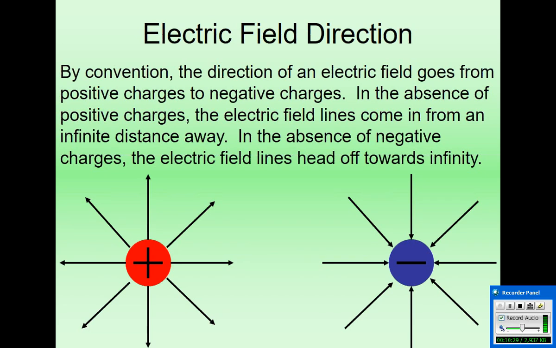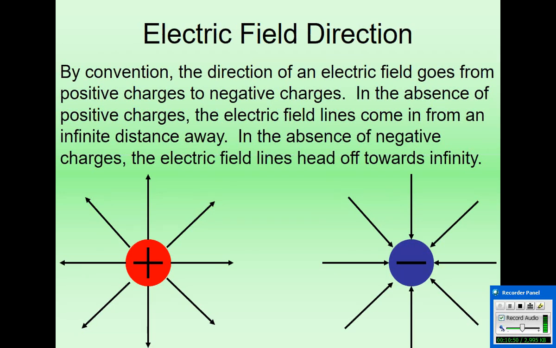The direction was traditionally chosen because you imagine taking this charge and you just kind of nail it into place and it creates a field around it. But then you come along with a test charge, a movable test charge that will be influenced by the electric field in which it is placed.